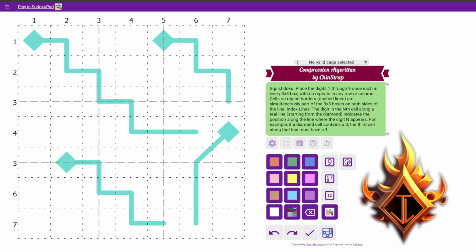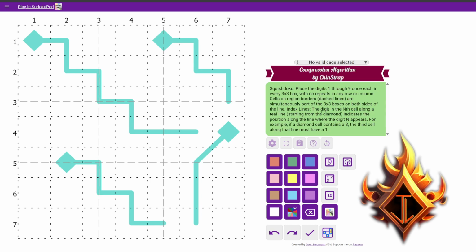The rules are Squish Doku. Place the digits 1 through 9 once each in every 3x3 box with no repeats in any row or column. Cells on region borders, dashed lines, are simultaneously part of the 3x3 boxes on both sides of the line.